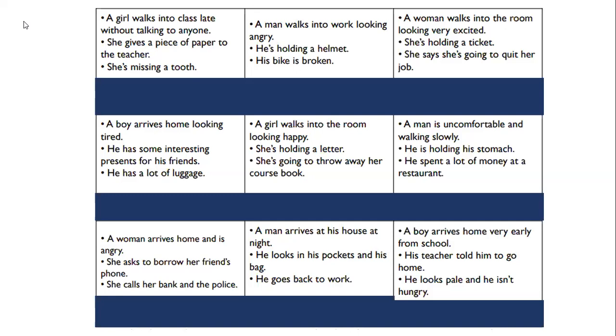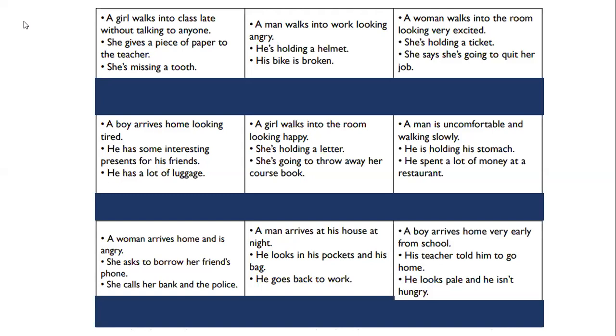This is about the third one: a man arrives at his house at night, and he looks in his pockets and his bag. Yes, it's correct. Anyone else who wants to share an example?